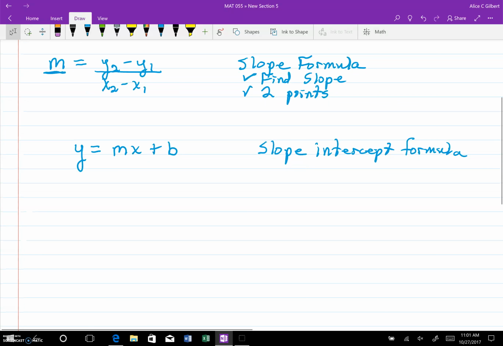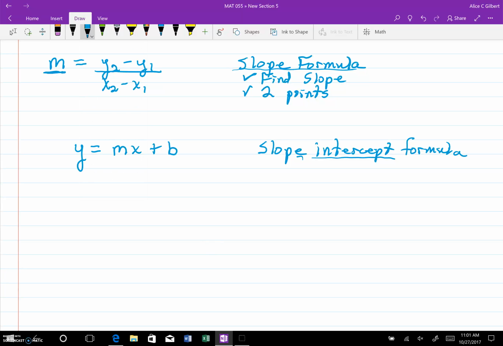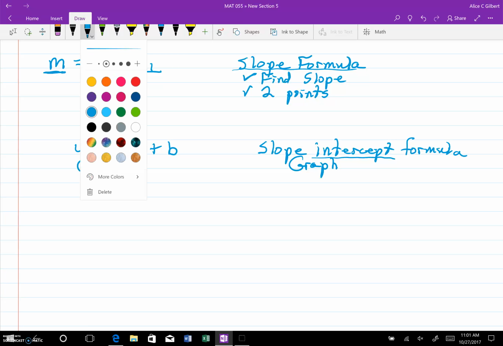This one, m equals y sub 2 minus y sub 1 over x sub 2 minus x sub 1, is the slope formula. Y equals mx plus b is the slope-intercept formula. Now, the slope-intercept formula gives us everything we need to graph. If we have y equals mx plus b, we don't need anything else to graph.